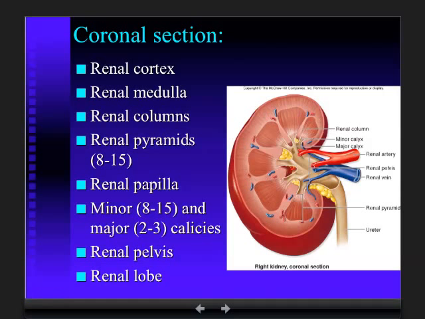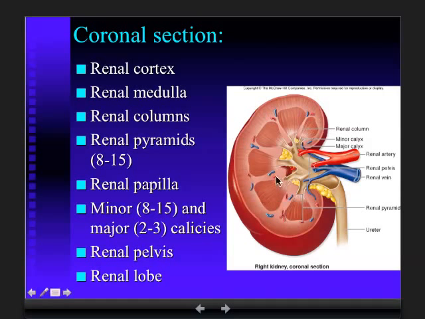So all the sort of transiting stuff that gets all the equipment we need out to the cortex travels in the renal columns. The functional stuff that has to do with what the organ is about, what we've just described, is found in the cortex and in these renal pyramids.